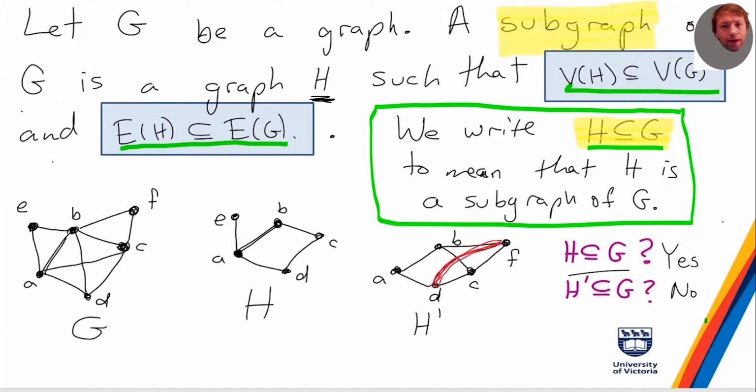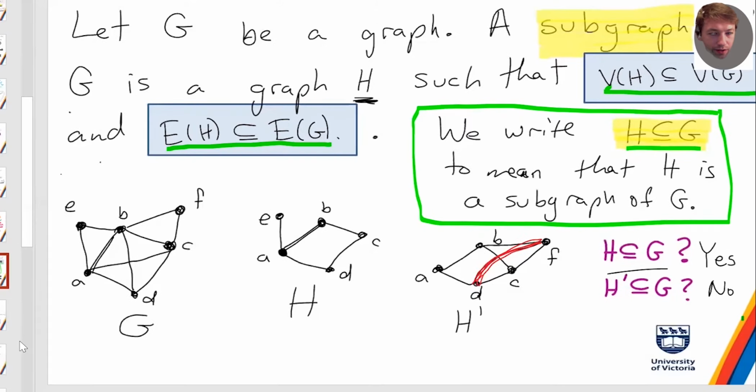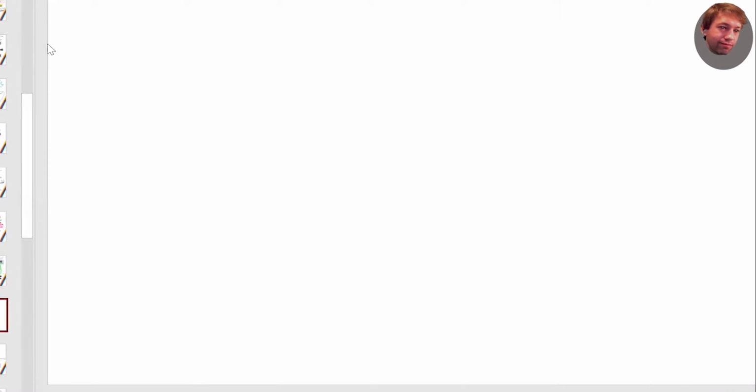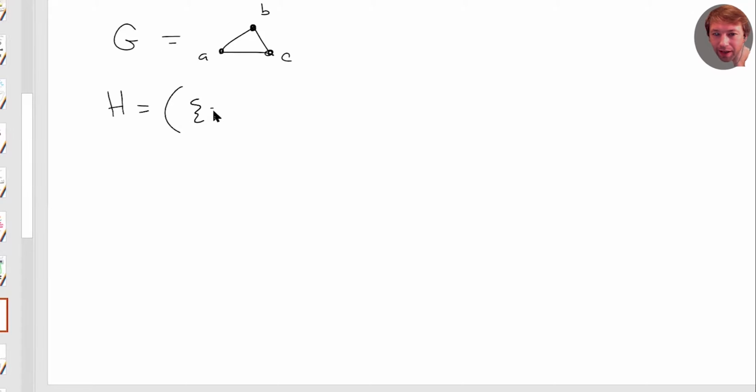Okay, now let me say something about this question in the chat. It's a very subtle, good point. In theory, suppose G is this graph. What if I take H to be the graph where I take A and B as my vertex set, and I take the edge set to be AB and AC?